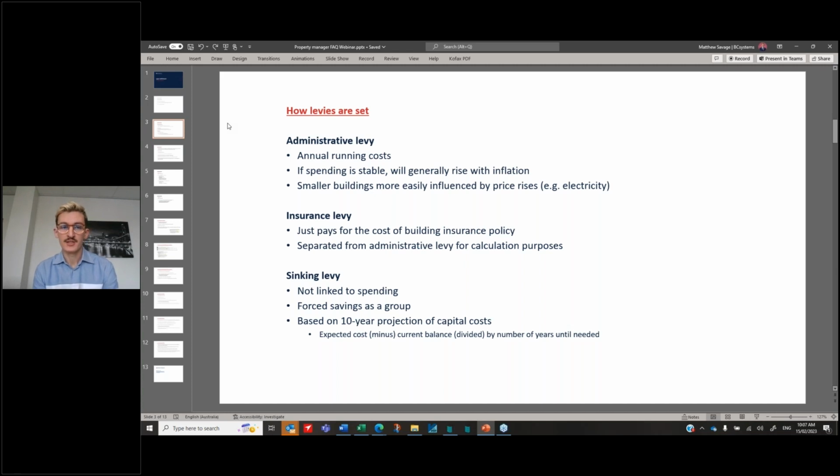Where you'll see administrative fund levies change is where the body corporate has made a change to what it's doing. So if, for example, the body corporate has a gardening contractor coming once a month and everybody's complaining that the gardens aren't looking good, and the body corporate decides to increase the gardening frequency to once every fortnight, that would double the number of gardening services in a 12-month period, and the cost of gardening in the budget would double.